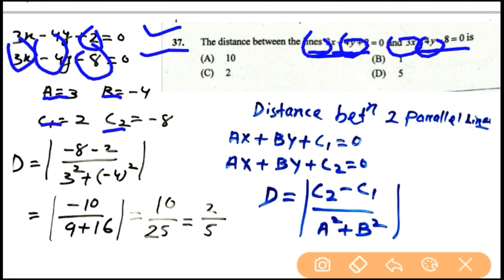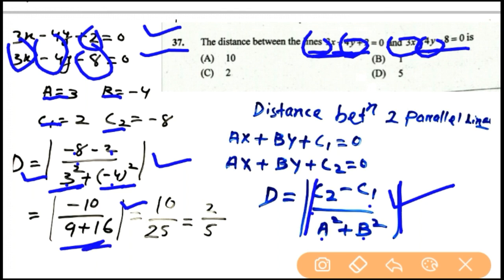So by putting in the distance formula, d = |c2 - c1| / sqrt(a² + b²). That equals |-8 - 2| / sqrt(3² + (-4)²). So we have -10 / sqrt(9 + 16), that is -10/5. Since we have the modulus, we have positive 10/5.